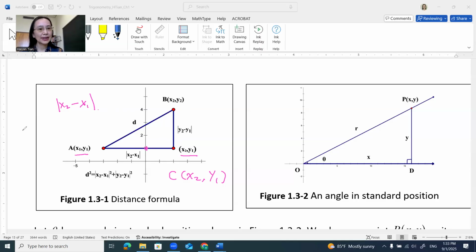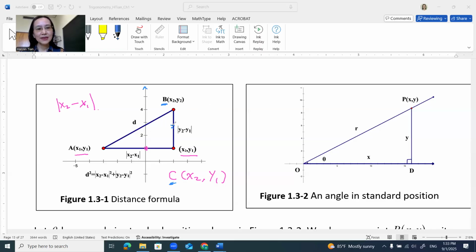So for the vertical line segment, let's look at B and C, and they have the same x coordinates. And so BC is a vertical line parallel to the y-axis. So all we need is to calculate the difference of the y coordinates.